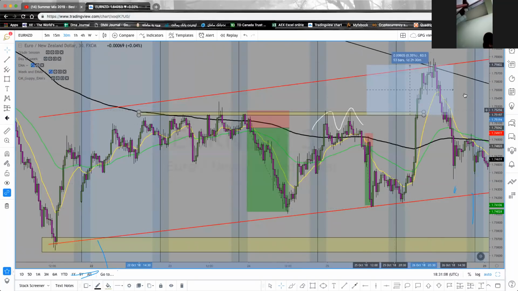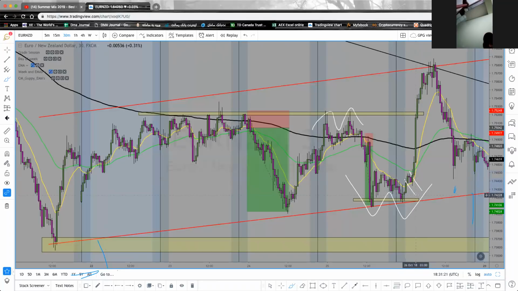So why did I explain this to you? To tell you why I would buy this multi-session W. I would buy this multi-session W right here or here or after this engulfing, because I know they're coming up here. Because there are people selling it and their stop loss is up here, right?